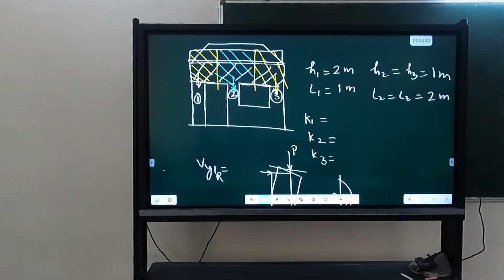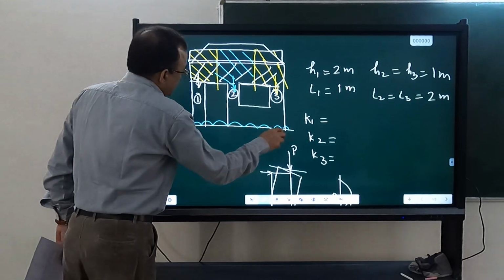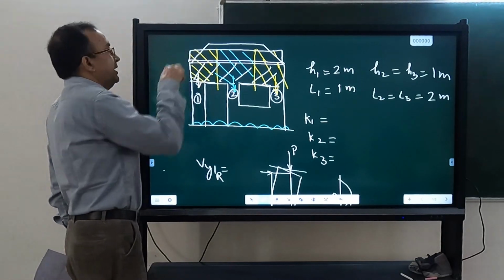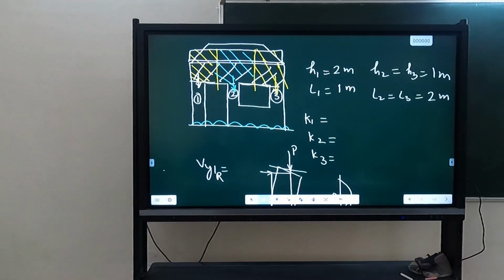What will happen to the ground story? Whatever force is here, that you calculate, then into that add slab and plate. So whatever is coming from the top wall will be transmitted. In addition to that, the slab and the top pier, top wall segment, that will give you the axial force.